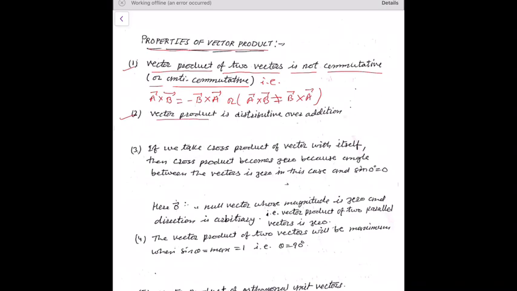Second property, vector product is distributive over addition.